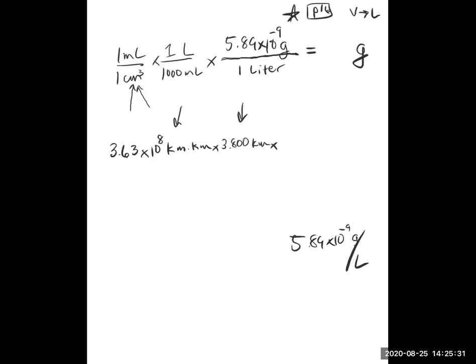Now, we need to get a kilometer to a meter, a kilometer to a meter, and a kilometer to a meter. We have to do that 3 times because we've got to cancel a kilometer here, a kilometer here, and a kilometer here.